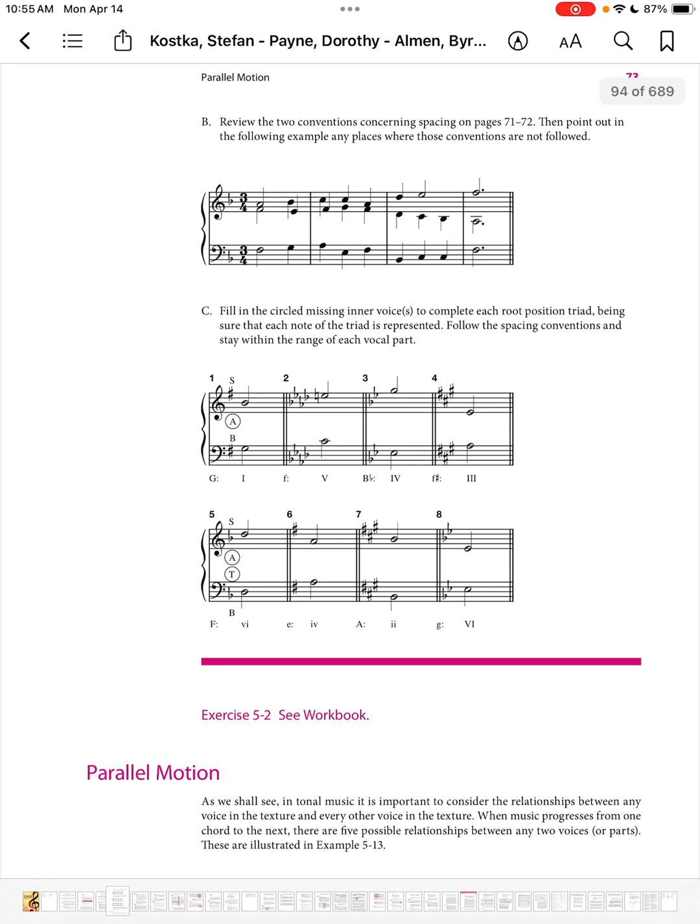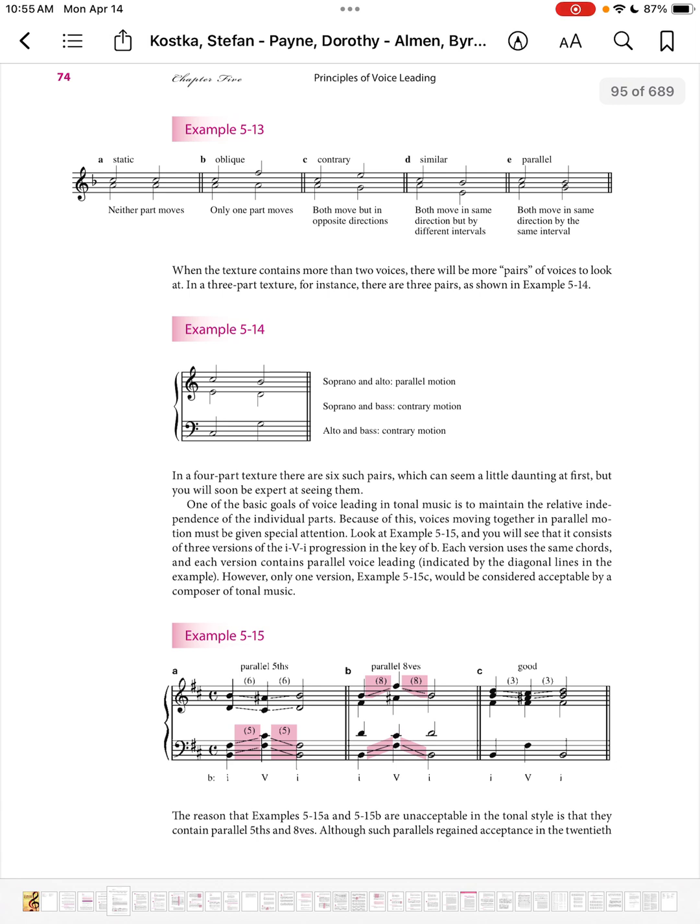Alright, so parallel motion. I think I just talked about it, or maybe I didn't. I just say to consider the voice texture when music progresses. You don't want parallel octaves, you want to avoid parallel fifths and parallel octaves.